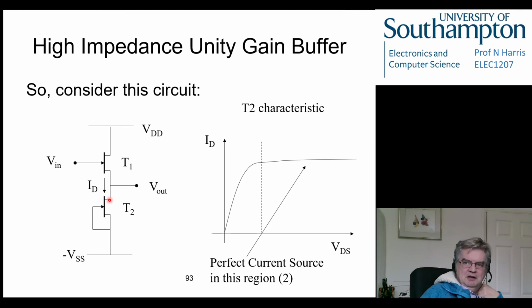If the current through here is 10 milliamps, which it is, IDSS, because VGS is equal to 0, then the current through here must also be the same, 10 milliamps, because it can't come from anywhere else. Nothing connected here, no current comes in through here. The only place current can come from to make this one 10 milliamps is up here. And if that happens, this transistor must have a VGS of 0.